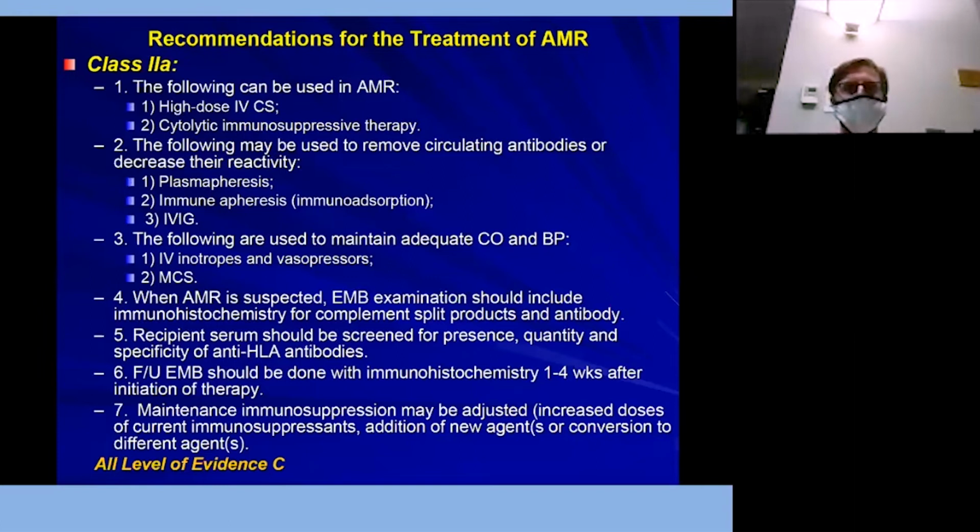So those are useful, especially in mixed rejection, those that have both humoral and cellular features. In addition to that, we often do plasmapheresis and other things to remove circulating antibodies, like IVIG, et cetera. And again, for those patients, we support them however they need to be supported.